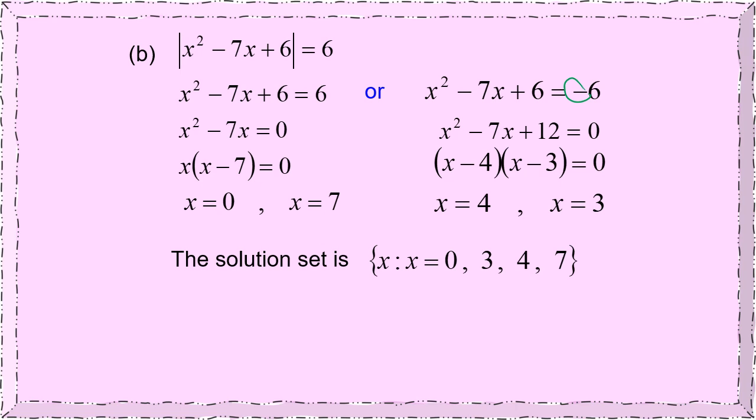9 minus 21 plus 6. 3 squared, right? So 3 squared minus 7 multiplied by 3 plus 6 is equal to 9 minus 21 plus 6.